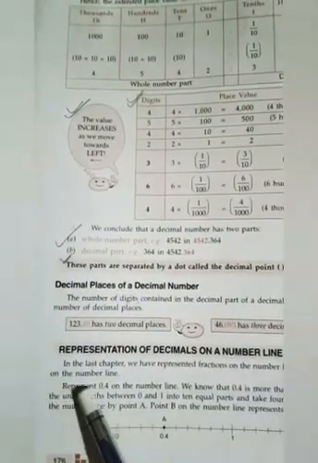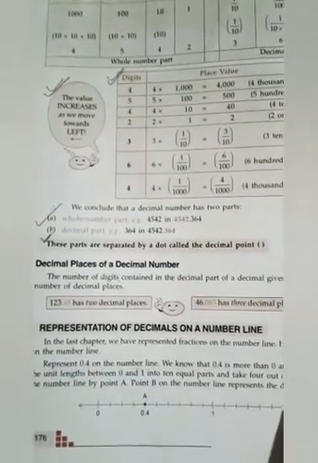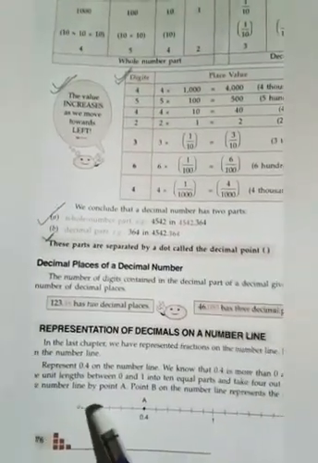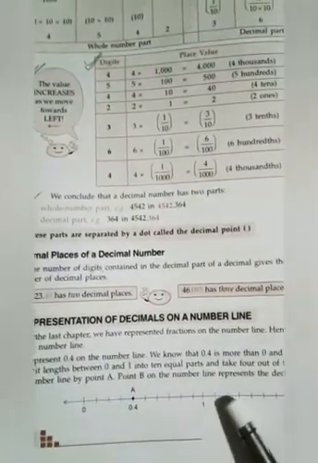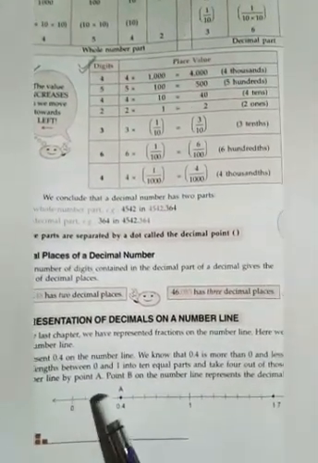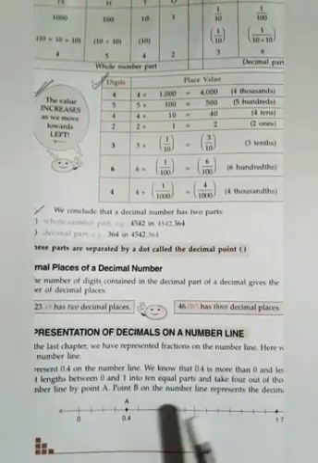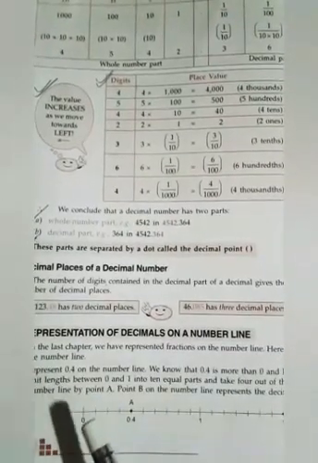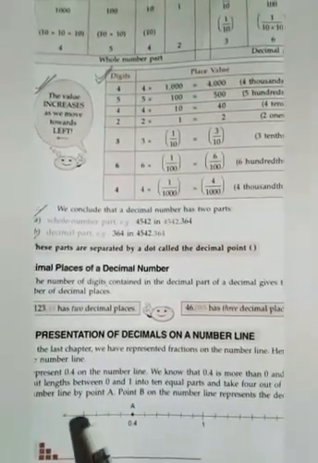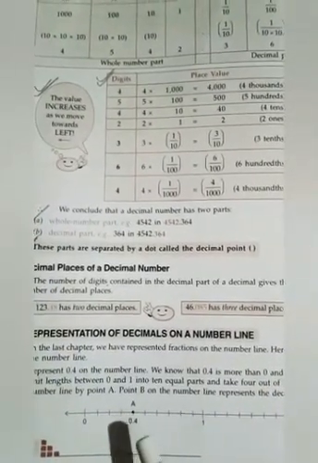Then representation of decimals on a number line. Suppose here we show 0.4 on the number line. Here you have to draw 0 to 1 because 0.4 is between 0 and 1. So 0.1, 0.2, 0.3 and 0.4 is here.